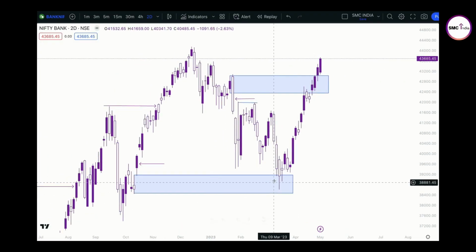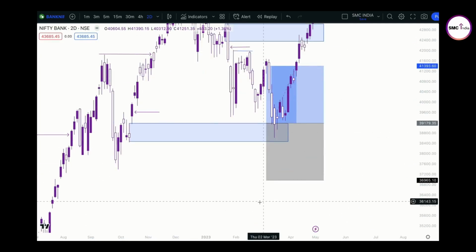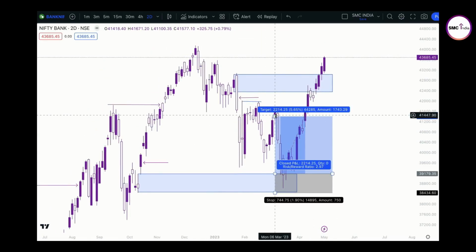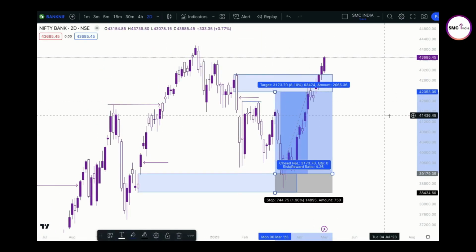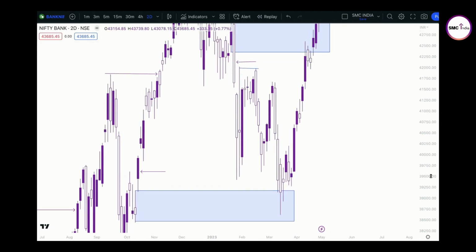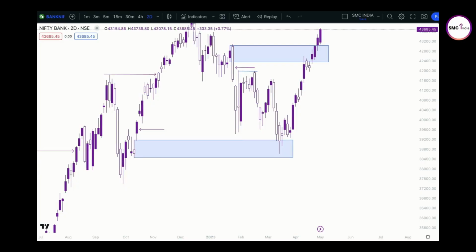So it's a sure shot that if you take a swing position here, putting stop loss below this order block, the price is going to give you a good 1:4.2 risk reward ratio trade if we are going for swing trading. But now I'm going to show you the intraday trading for Bank Nifty on this trade.